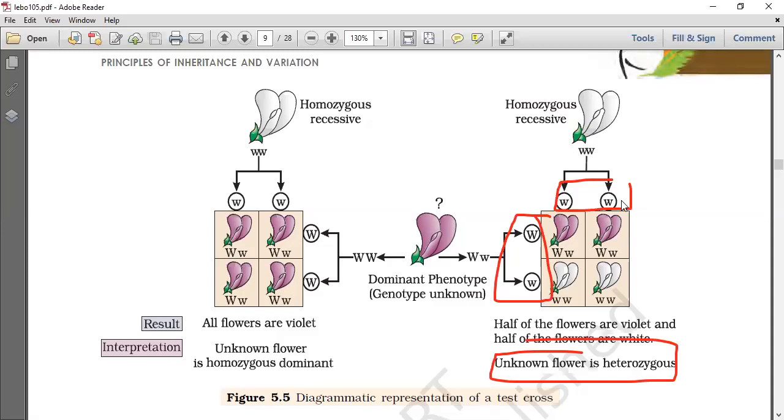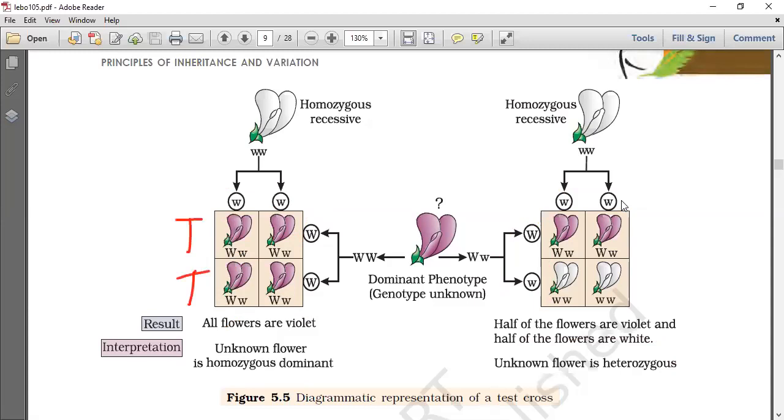In this cross, we got all violet flowers. You will understand better; we are always doing the cross with a tall plant. So what we get, all are tall plants, isn't it? All are tall plants. So what you understand is that the given tall plant is homozygous dominant.